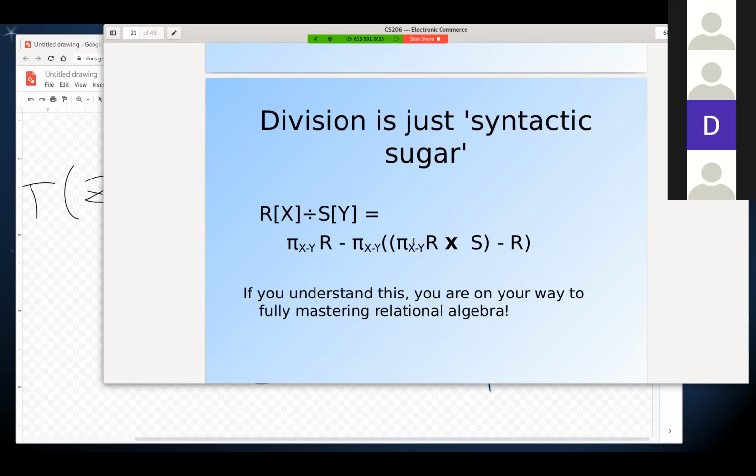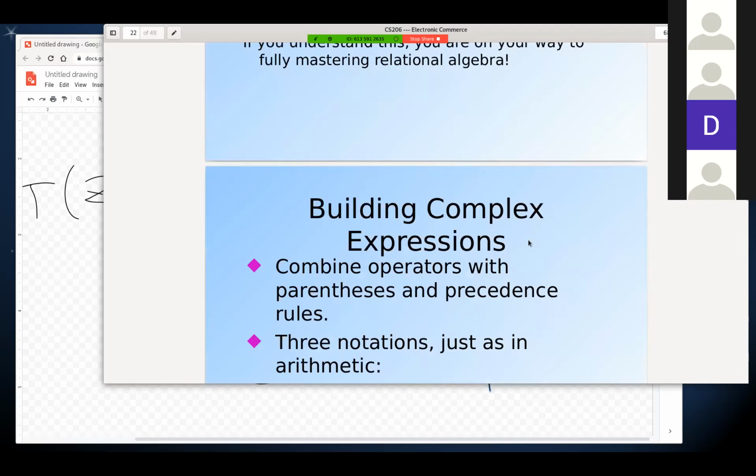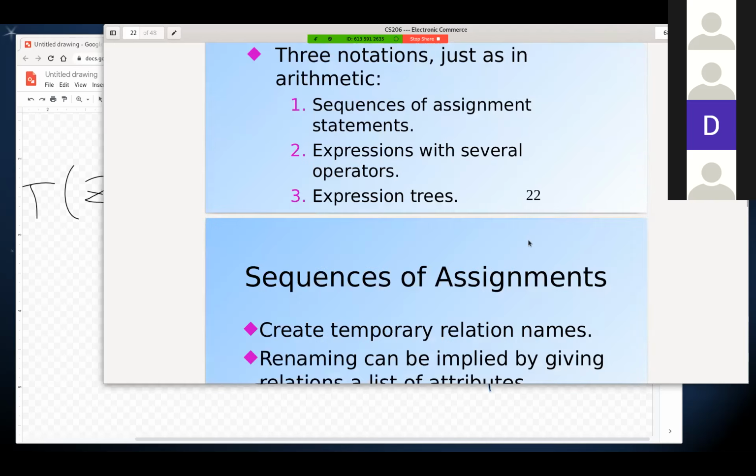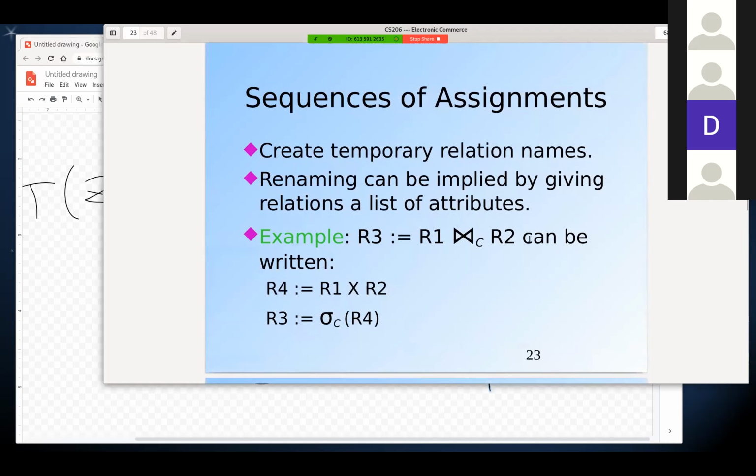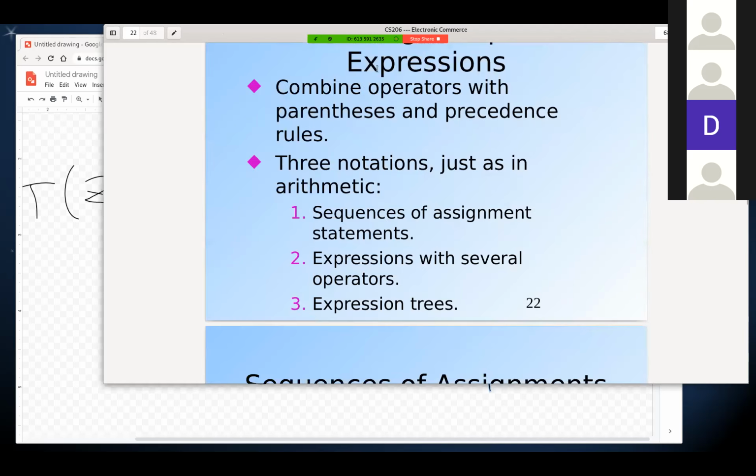Okay. So this I think I touched on before: when you show these expressions in relational algebra, you can do them as a program, a sequence of assignments, or as an expression with several operators and operands, everything building up as one giant expression.